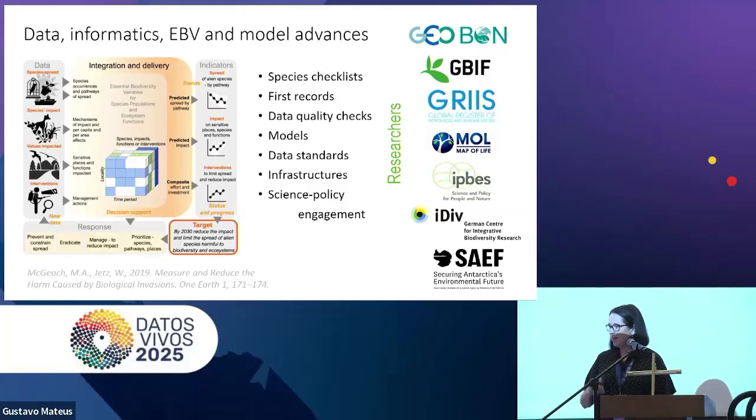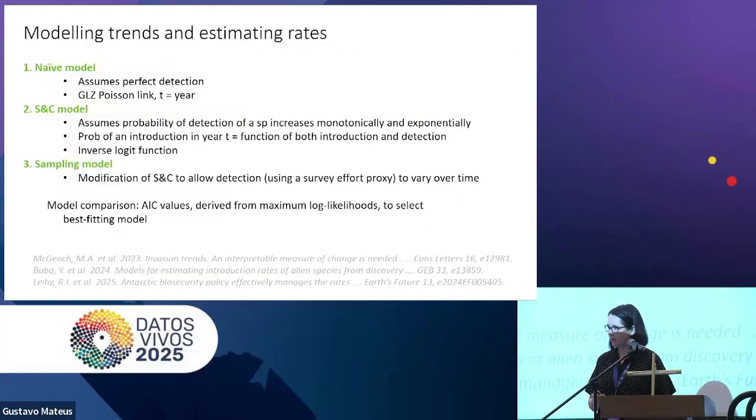It's really been to try to complete this information flow and to put in place steps so that we can pull all of this together for the purpose of producing an indicator. So we have checklists, first records, ways of checking data quality, models, data standards, infrastructures, and science policy engagement. So the timing is good right now. That doesn't mean it's necessarily straightforward. There's still work to do to produce this actual indicator.